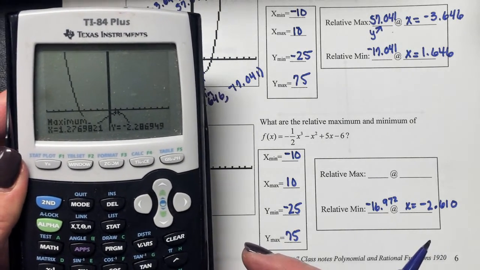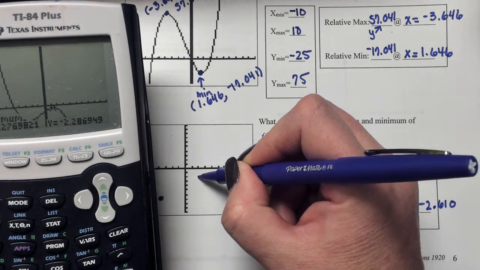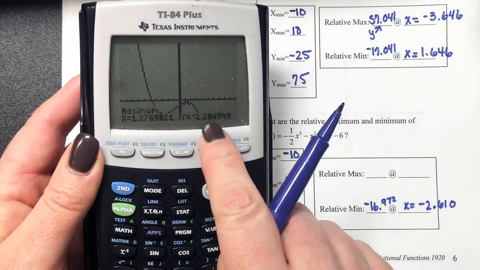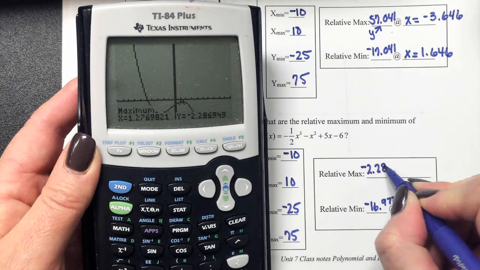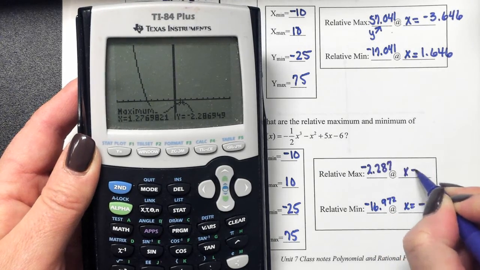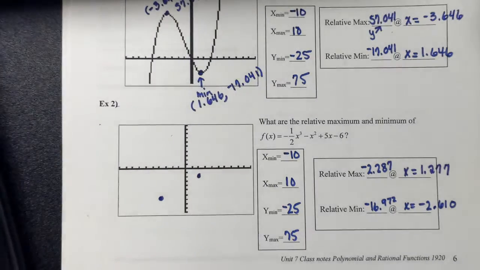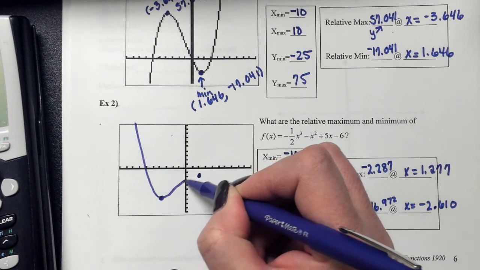So again, my maximum is occurring at 1.27 and negative 2.28. So my maximum is the Y value, negative 2.287, and that's occurring at x equals 1.277. And again, the sketch of this graph would look something like this.